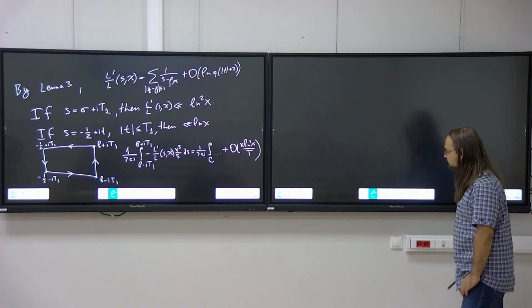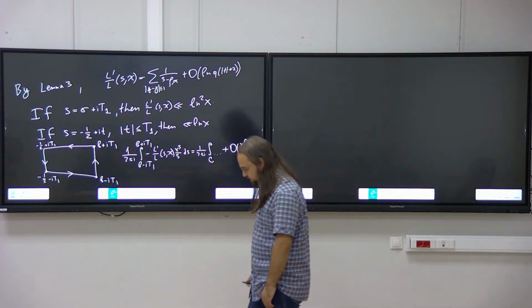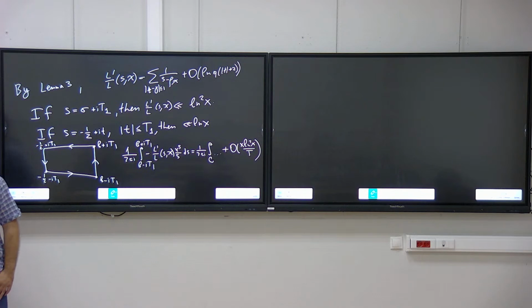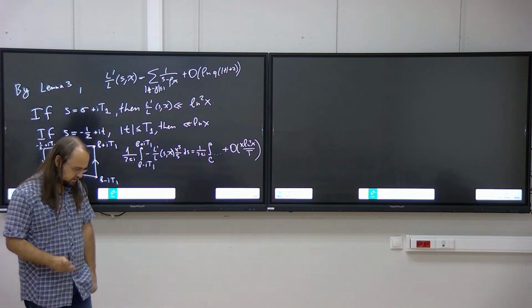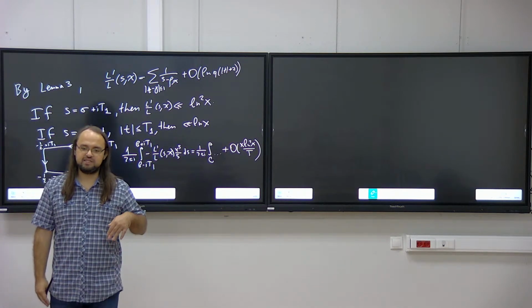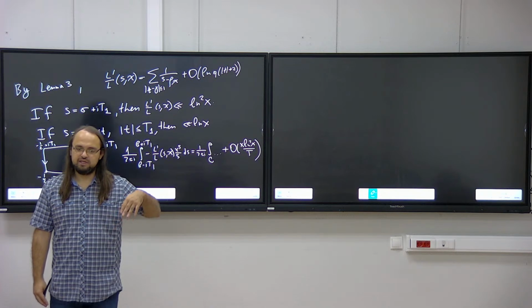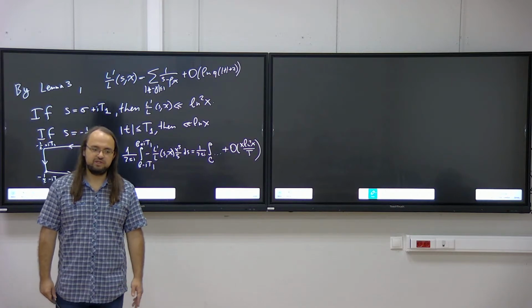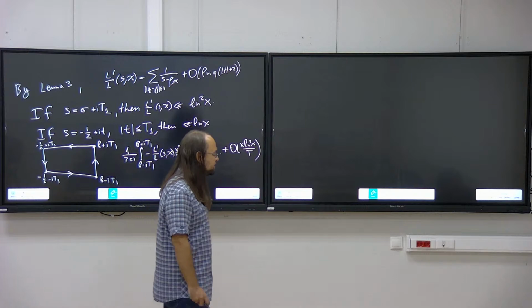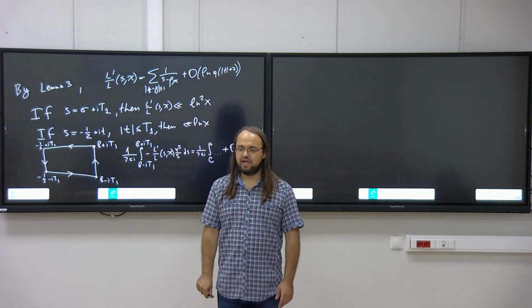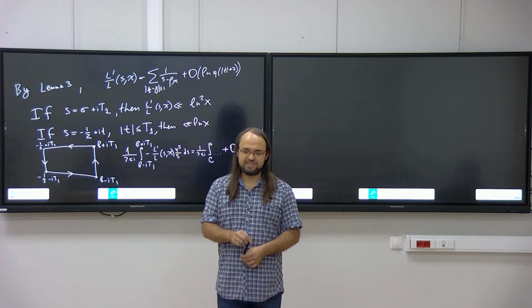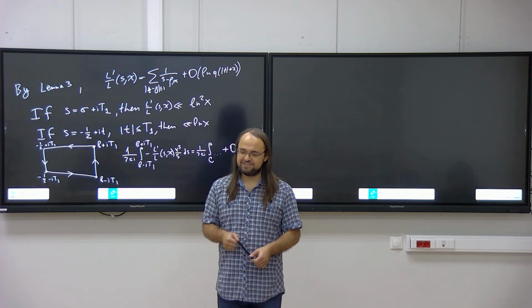Well, let's do it. It turns out that there are two essentially different cases. The first case is when your character is complex, so it has at least one non-real value. And the other case is when your character is real. And if your character is real, there are also two cases. If your zero is complex, then you can do something.